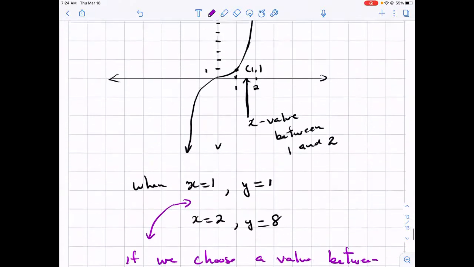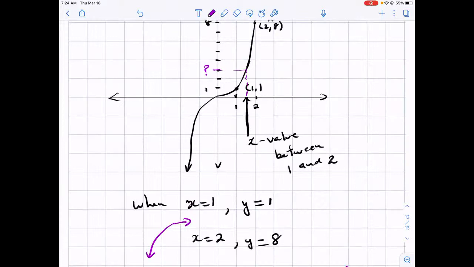That makes sense, because if we pick a value here, that value will be up here, which is between 1 and 8.